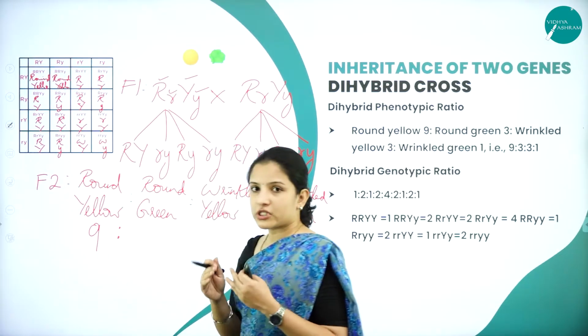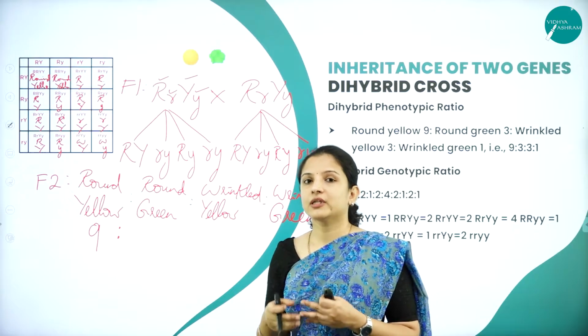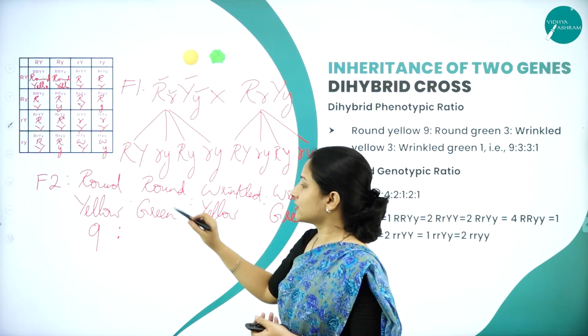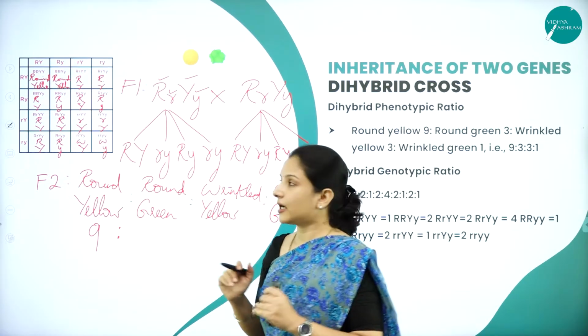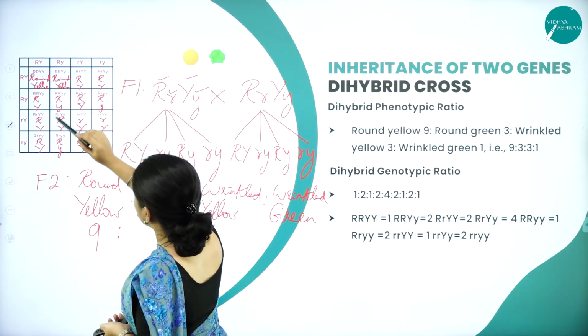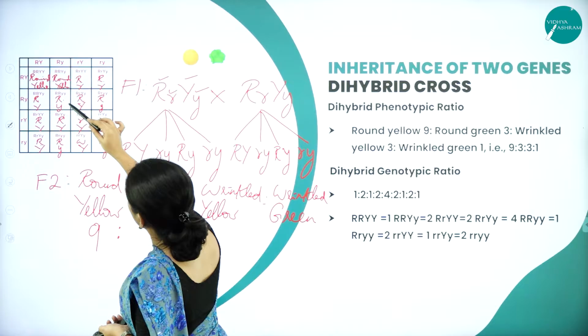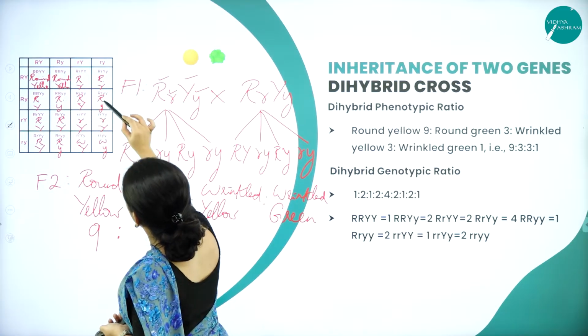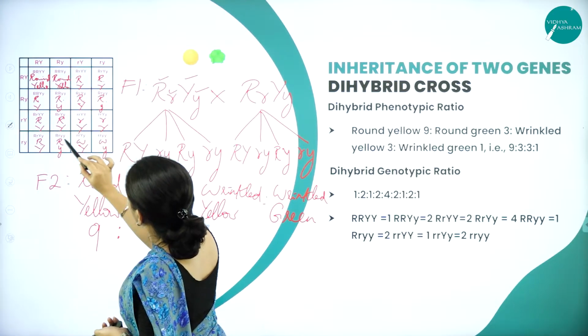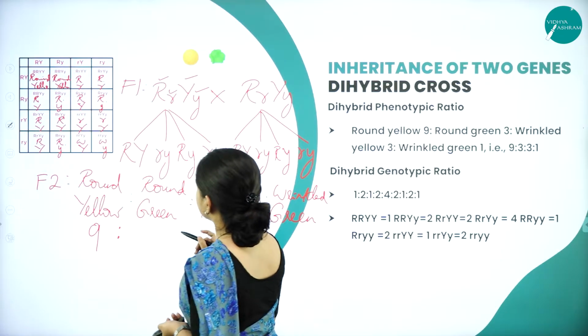In the F2 generation, how many plants are there which will produce round seeds which are green in color? So you have 1, then 2 and 3.